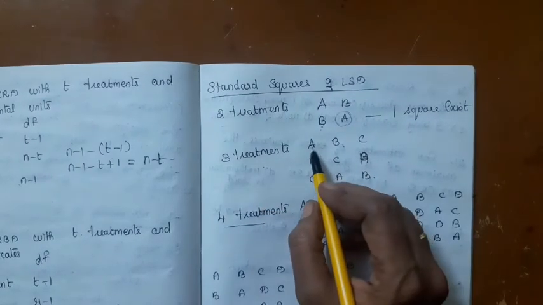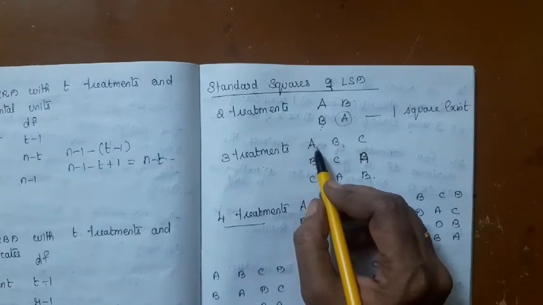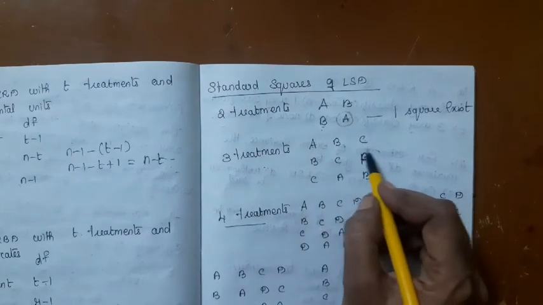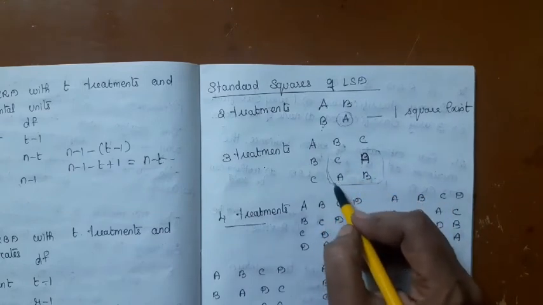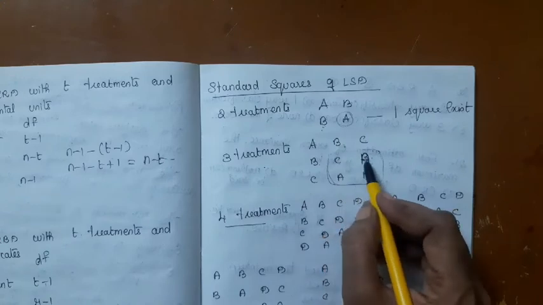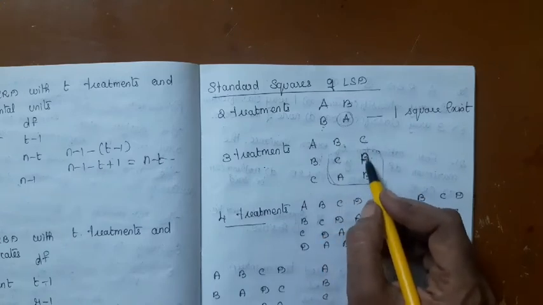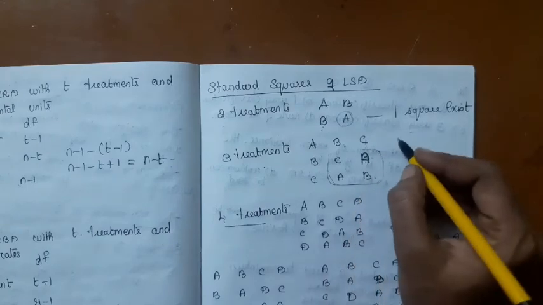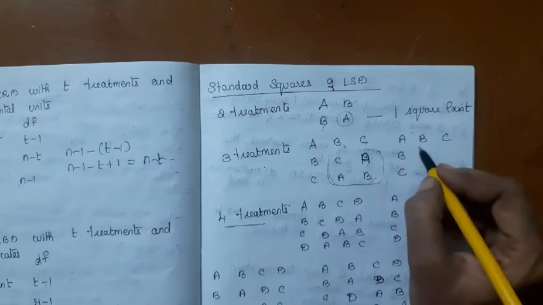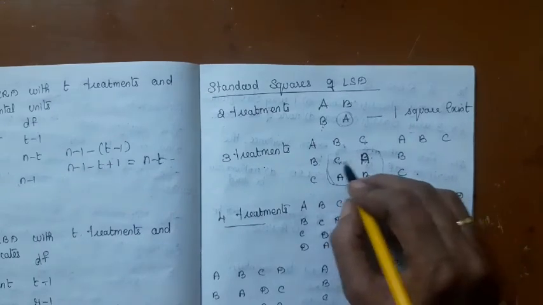Consider three treatments. Have the treatments in alphabetic order in the first row and in the first column. For the remaining places, this is the only way you can fill. Because if you have A, you should put C here. That is not allowed because C occurs two times in the column.